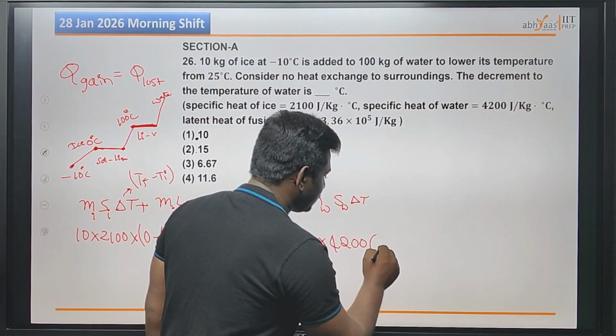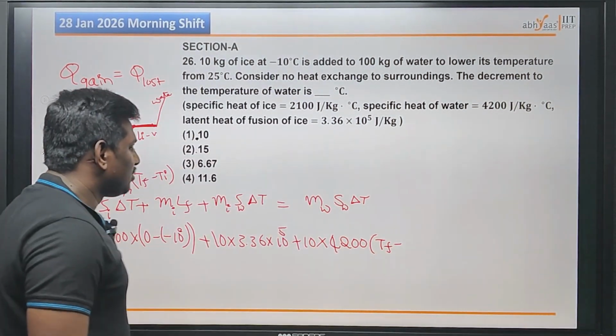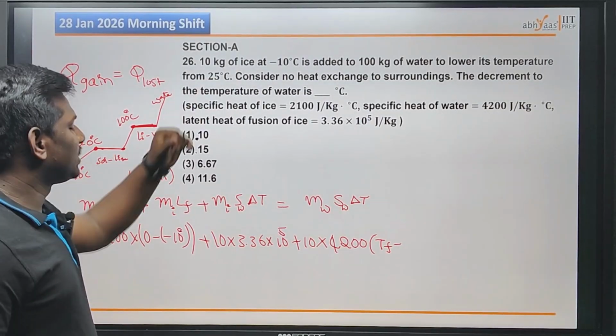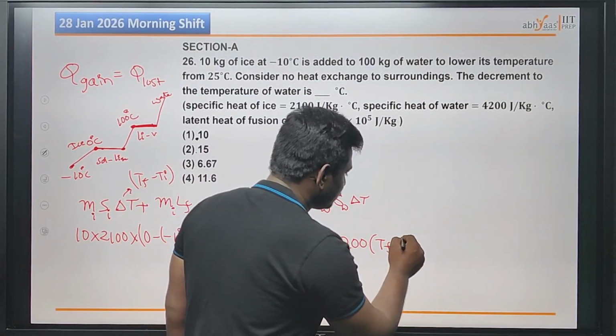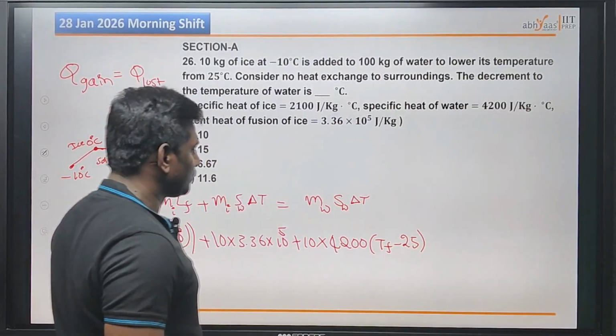What is the delta T? Delta T can be written as final temperature T minus the initial temperature, that is 25, for the second case.